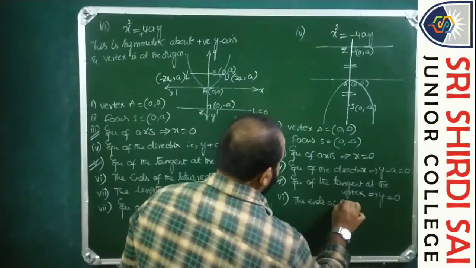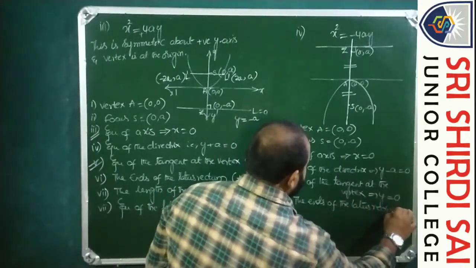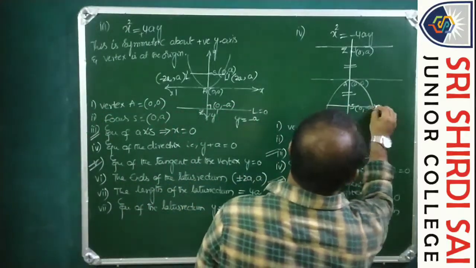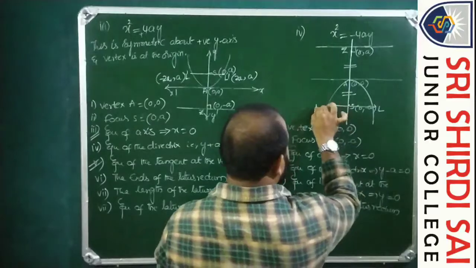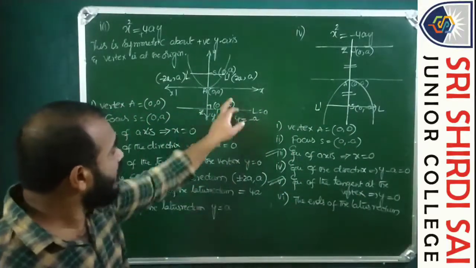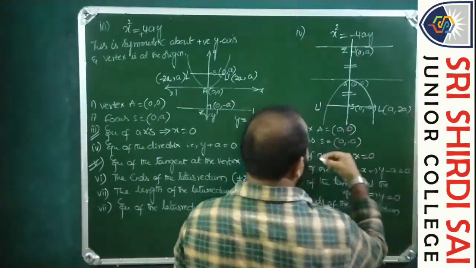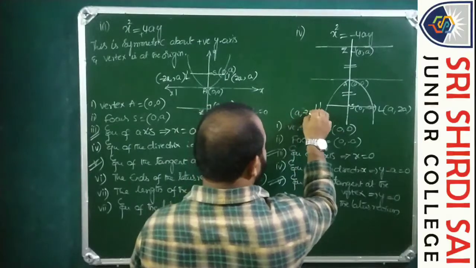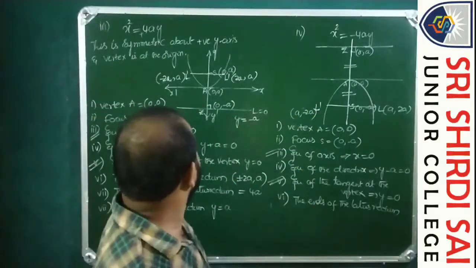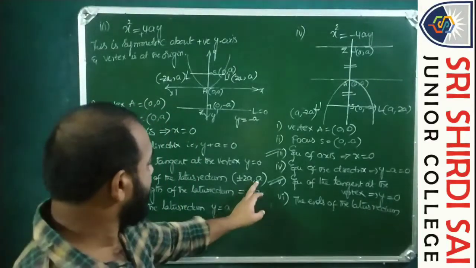The ends or extremities of the lattice rectum. That means, what is the lattice rectum here? This is L dash. So earlier it was 2a comma a. Here, a comma 2a, a comma minus 2a.